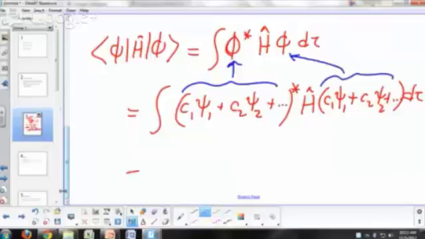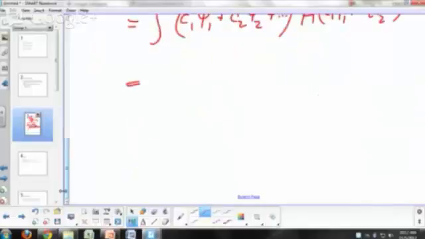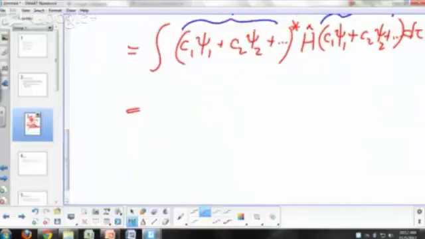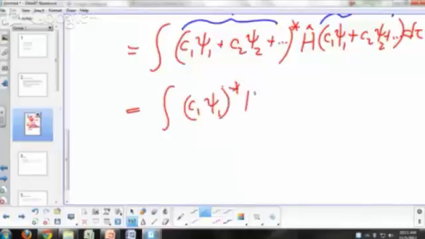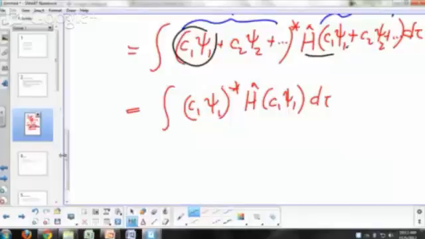This is my phi star, and this is my phi. So what do we get now? We've seen this before. Since your psi form an orthonormal set, what are the only terms that will survive? Like terms, right? So if you did the integral of C1 psi 1 star h hat C1 psi 1 d tau, that would be between this one and that one.